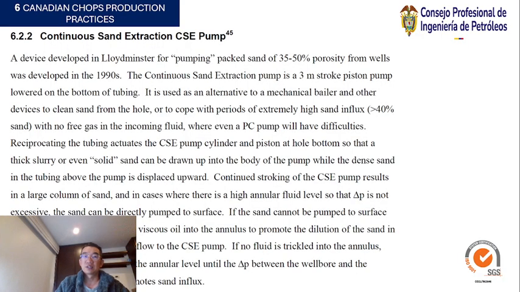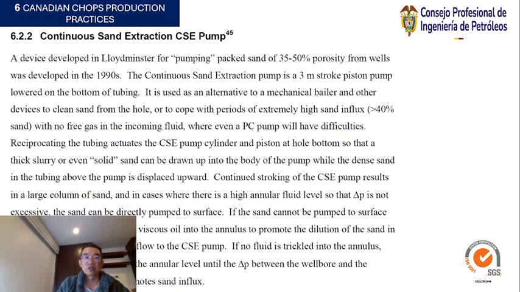It is used as an alternative to a mechanical baler and other devices to clean sand from the hole, or to cope with periods of extremely high sand influx with no free gas in the incoming fluid, where even a PC pump will have difficulties.